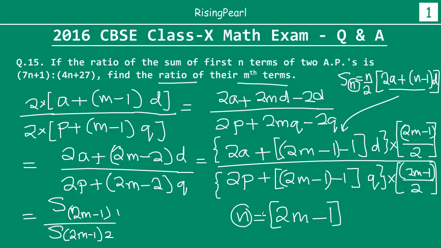So in other words, if we were given an arithmetic progression and asked to find the sum of first 2m minus 1 number of terms, we would have written 2a plus 2m minus 1 minus 1 times d, times the number of terms 2m minus 1, divided by 2, right? So let's give ourselves a little more space.